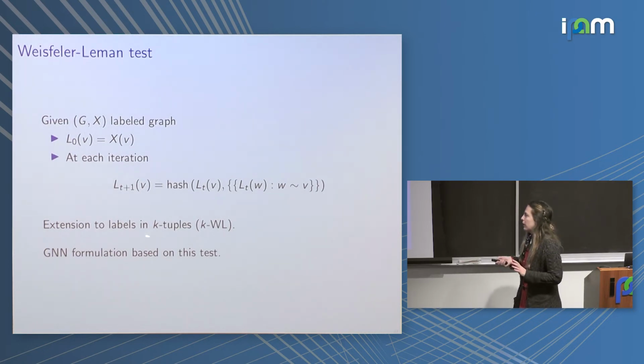This algorithm, the Weisfeiler-Lehman test, can be generalized to look at k-tuples of labels, and then you get the k-WL test that is more powerful than the one-WL. This is just the one, so you just look at one neighbor, but then you can look at pairs of nodes for the two-WL. And there's a GNN formulation based on this test that is as expressive as the Weisfeiler-Lehman test.